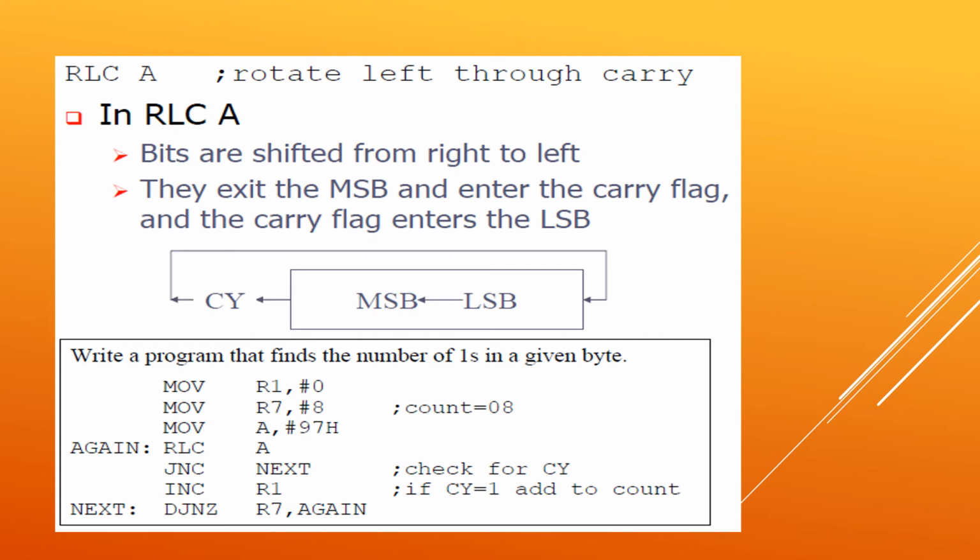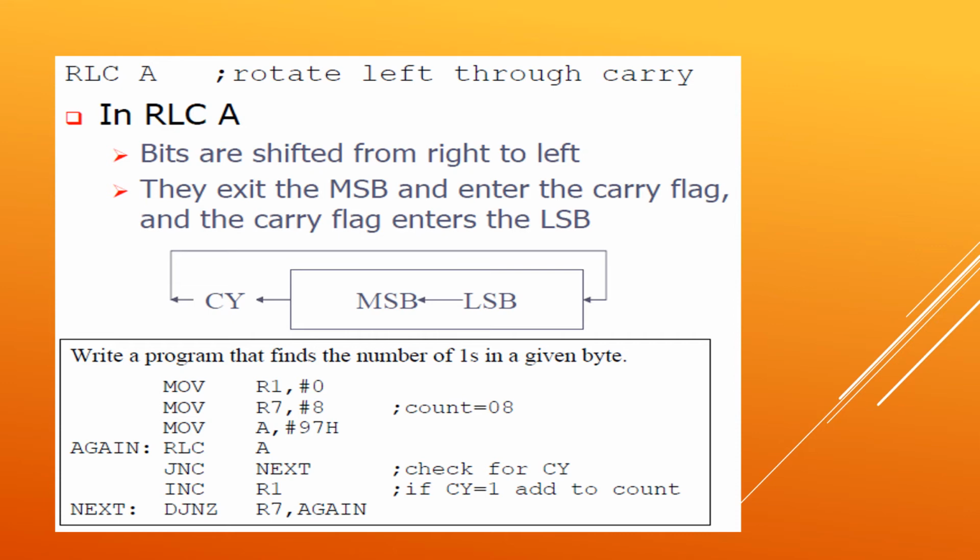If it has not become 0, the same process is repeated, until all the 8 bits are finished, and only then R7 is going to become 0. So in the first case, what will it do? First our number is 97. 9 corresponds to 1001. So our MSB bit will enter the carry, then it will check whether it is 1 or 0.